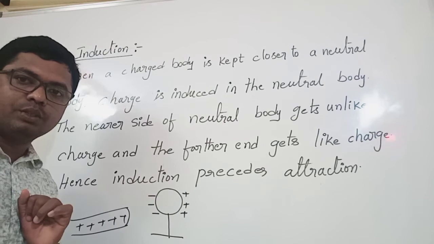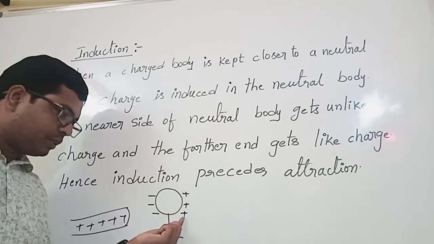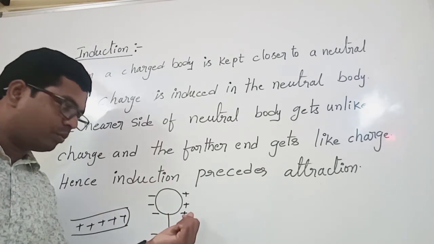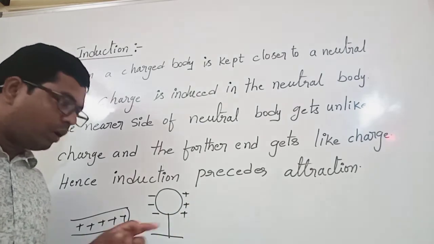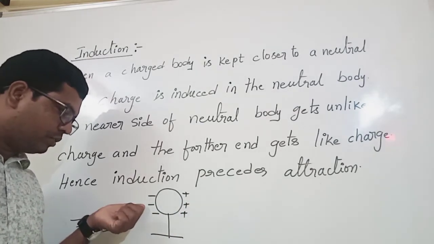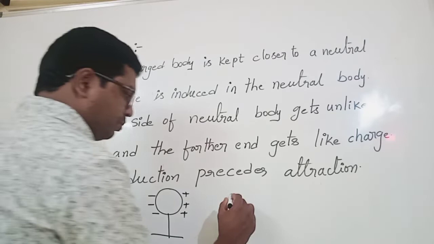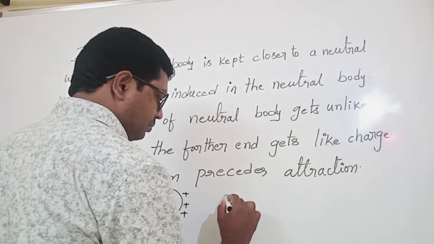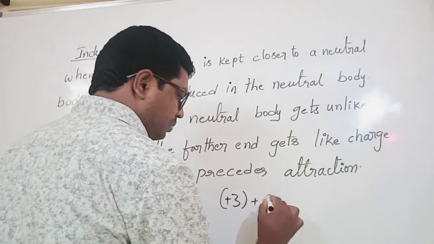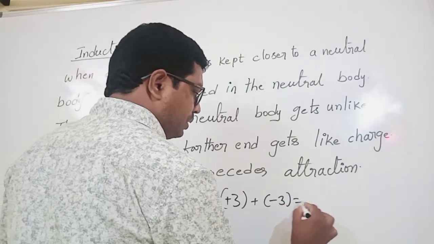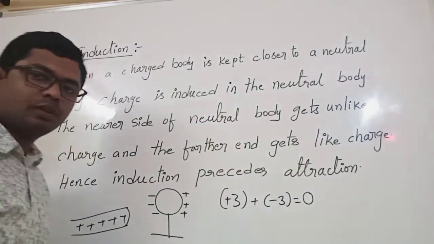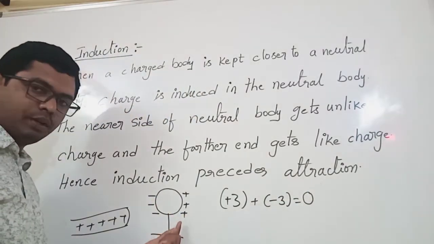You have to notice one other thing. How many positives are here? 1, 2, 3. How many negatives are there? 1, 2, 3. 3 positives plus 3 negatives, total charge again 0. Before that it is a neutral body.